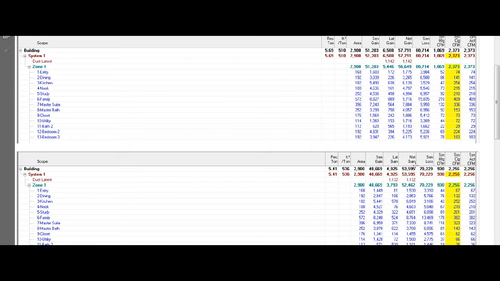But in the winter, on the original house, we're losing 80,714 BTU of heat. And now that we've stopped air infiltration, we are losing 70,229 BTU of heat. So we actually improve the efficiency by 10,000 BTU.